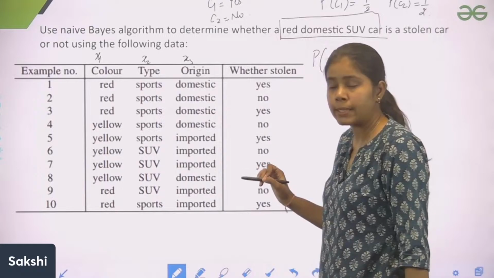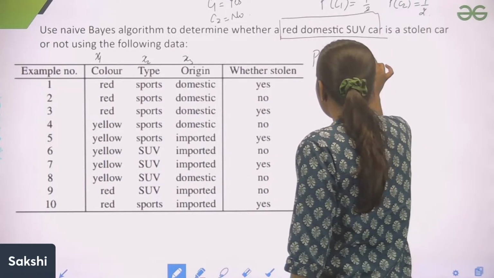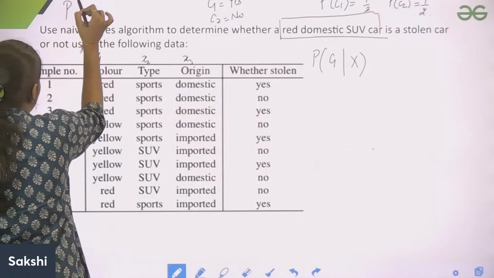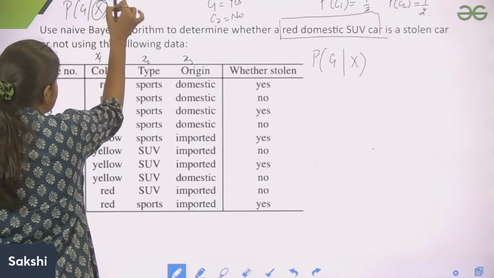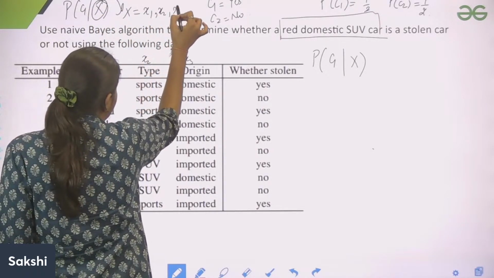What we do in naive Bayes, I'll find out the probability of the class C1 if I have given the example X. That means I just want to find out what is the probability of C1 given example X, where this X is X1, X2 and X3, right?